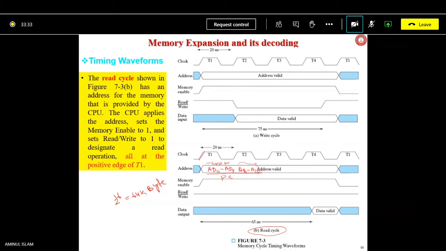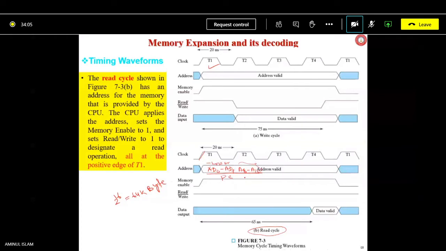You have not yet studied, so you will not know. Through these lines, address as well as data can be sent and received. Address will be put out during the first clock pulse T1, and then through the same lines data can be sent or received afterwards. That's what happens in the 8085; in other processors it may be different.